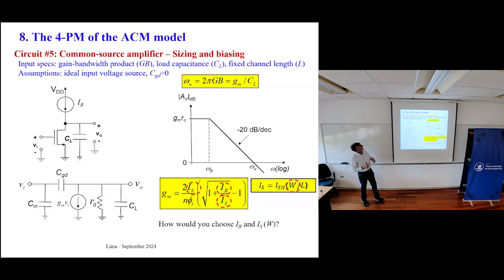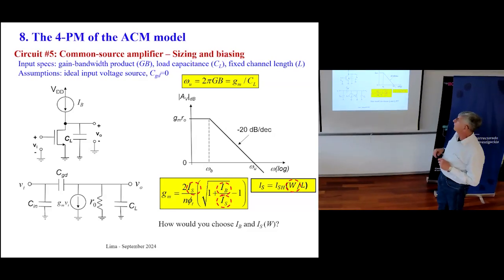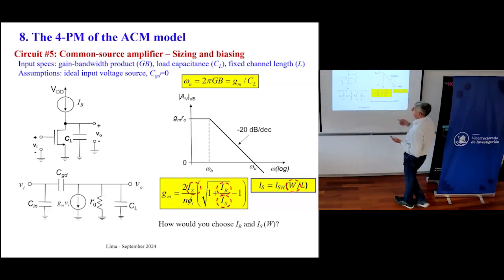That's the design parameter. And the other parameter is the bias current. Okay? Then I have two parameters to choose, bias current and IS. One or the other.